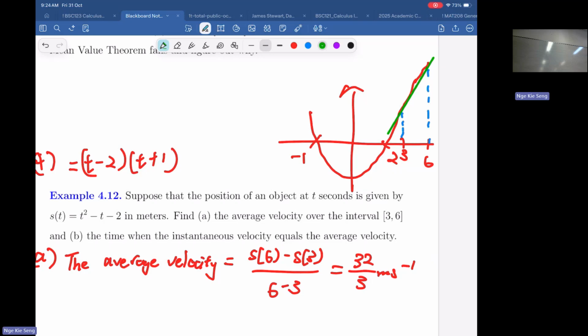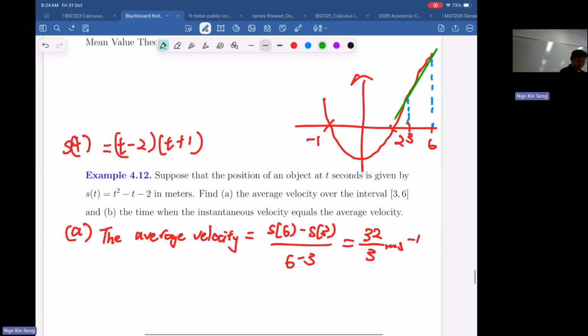So this is a mean value type of question. Can we use the mean value theorem here? Because t squared minus t minus 2 is just a polynomial function, and a polynomial function is continuous. Moreover, it is differentiable. So we can use the mean value theorem.